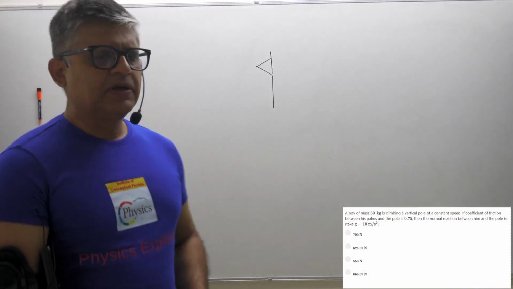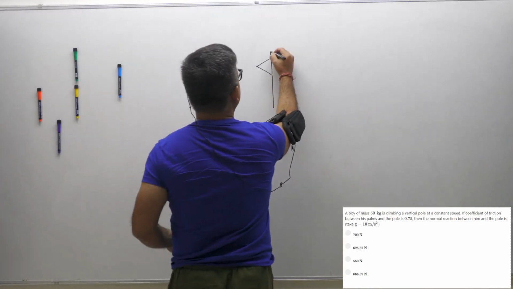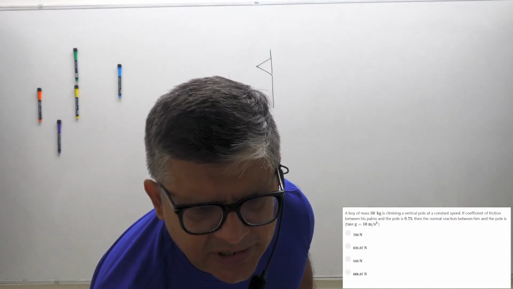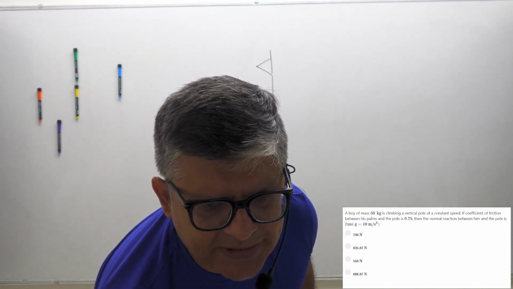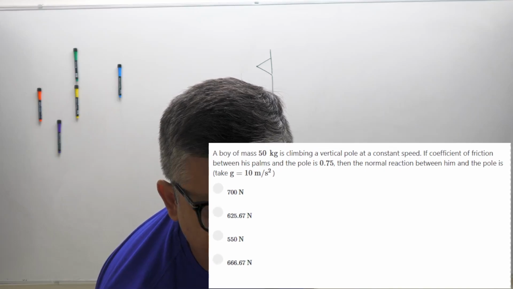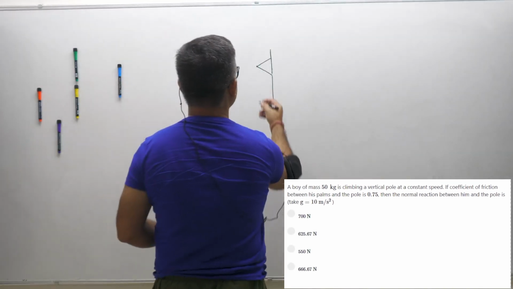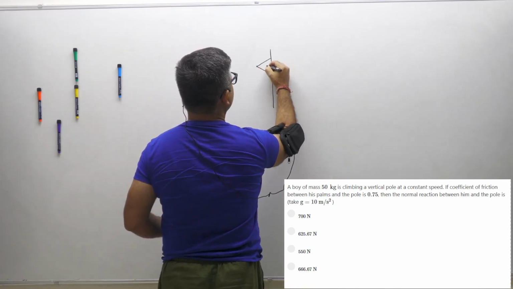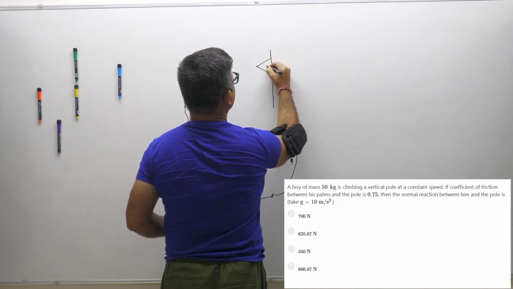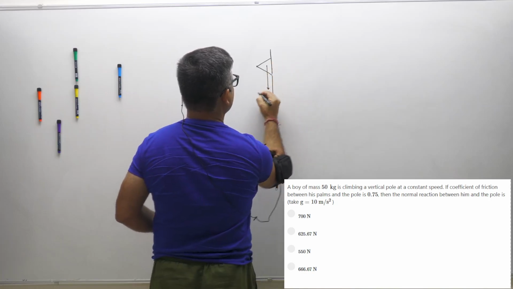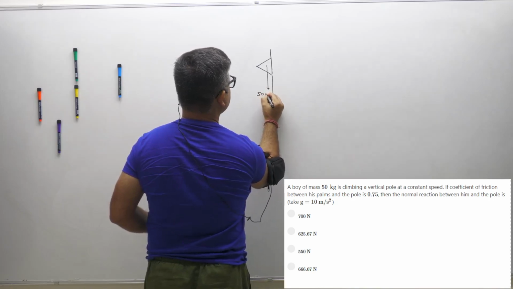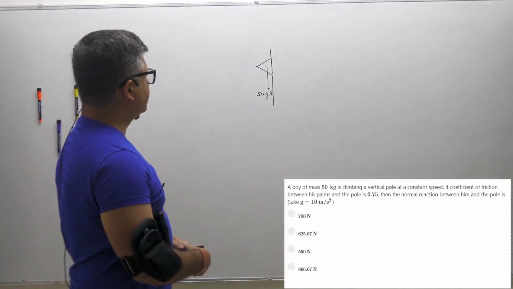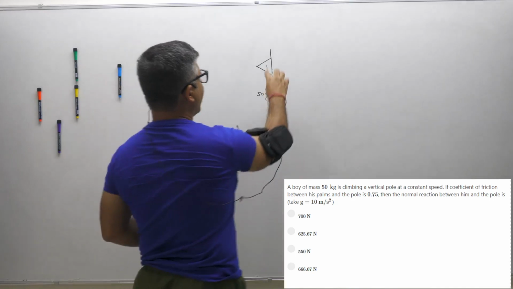Let's discuss now. The boy has a mass of how much? Let me just enlarge the question. The boy's mass is 50 kg, and the weight is acting downwards. This is your weight of 50 g newtons.